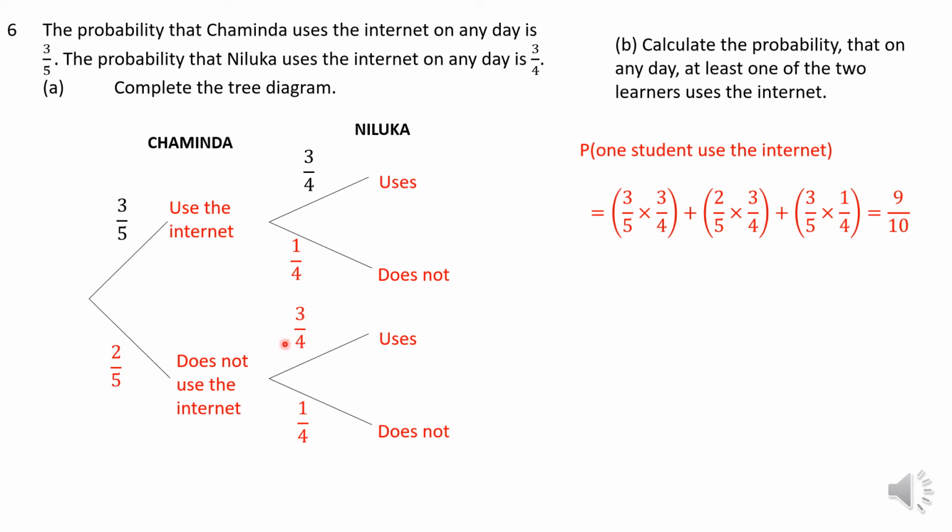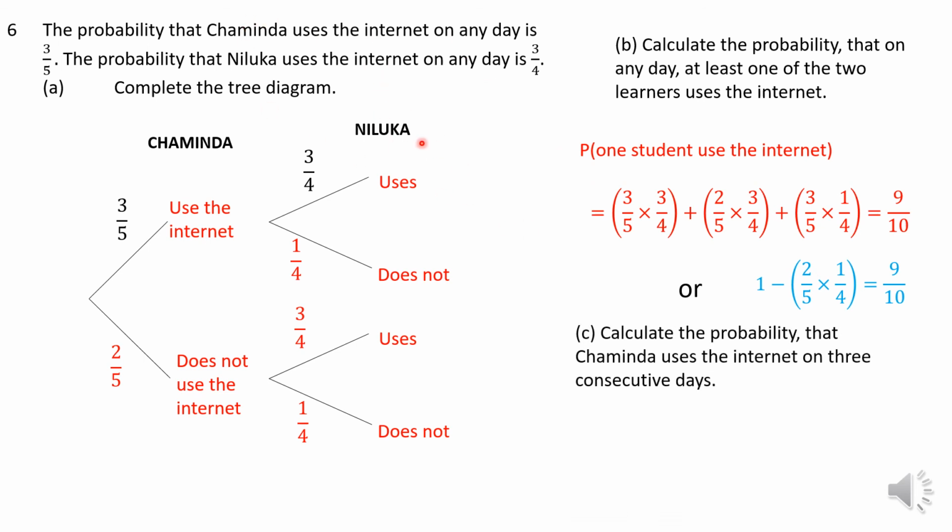Or you take then 3/5, which is use and not use. But ultimately I have a better way of doing it. I would just take when it's not used at all. So does not, and then I will just say 1 minus does not, 2 over 5 does not, and 1/4 does not. You will still get 9 over 10.